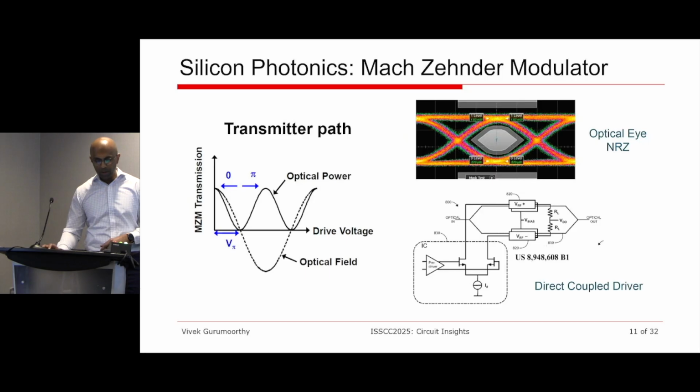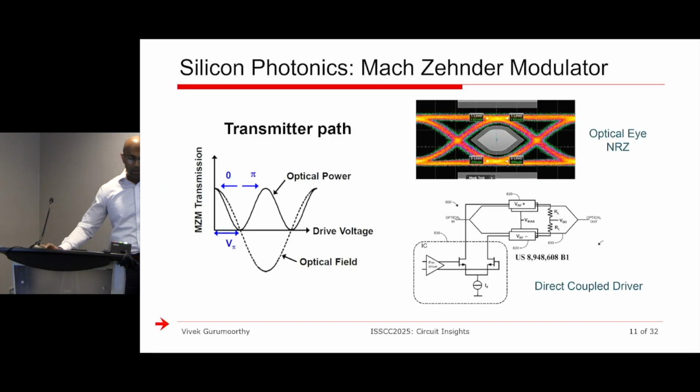So if you look at the bottom right diagram, this part is the traveling electrode and the actual MZM model I was just talking about. This is just a simple example where we have a chip driving with an open drain driver into those traveling wave electrodes. And when you do that, you get an optical eye like this. This could be an NRZ eye, PAM4 eye, or whatever modulation technology you want to use, right?